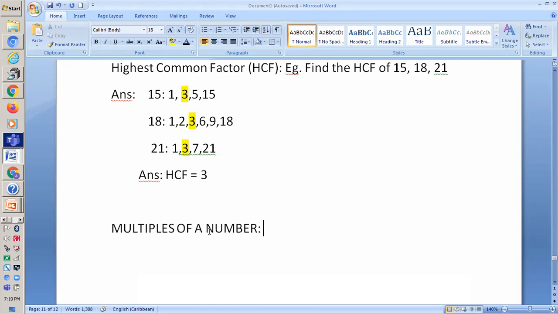Basically, if you want to find the multiples of a number, we simply keep adding the original number to the previous one.